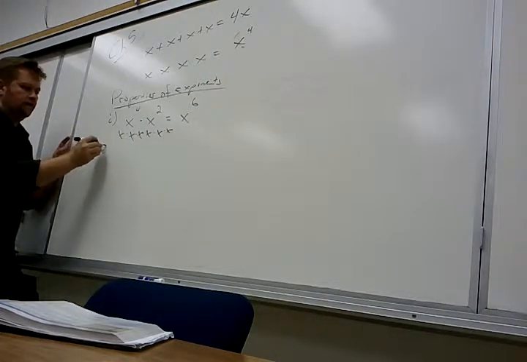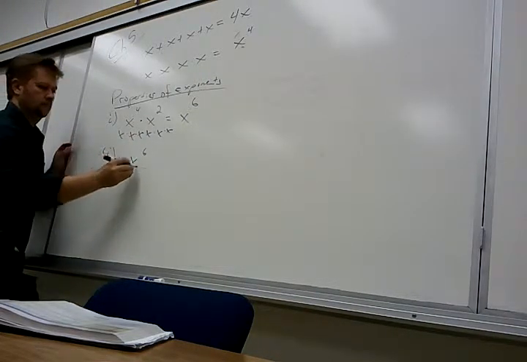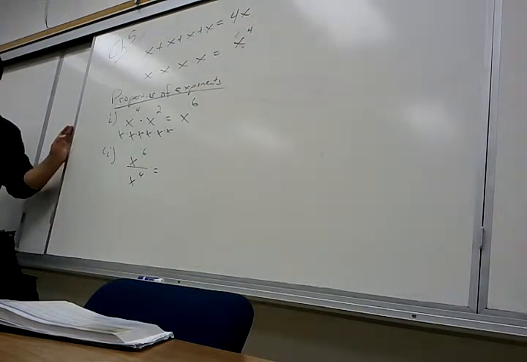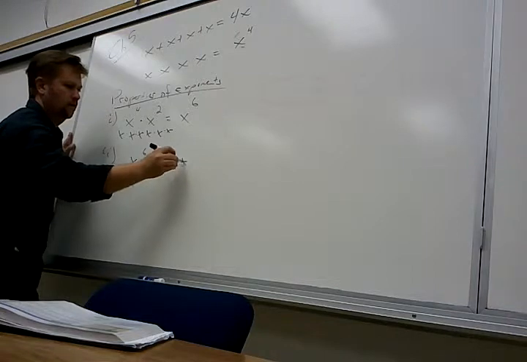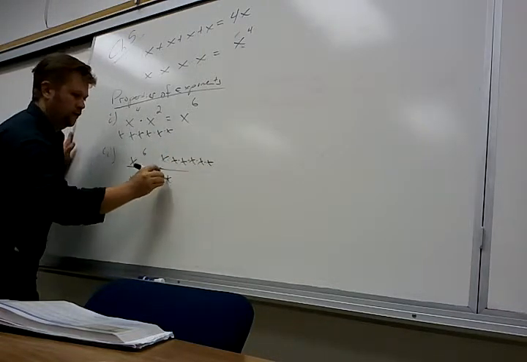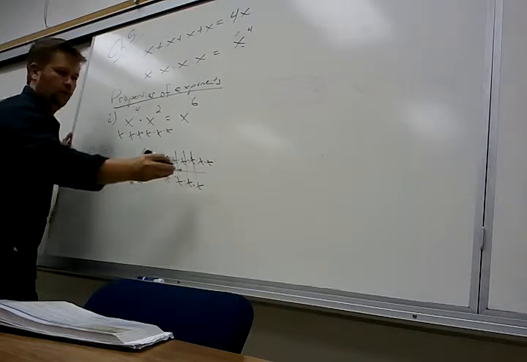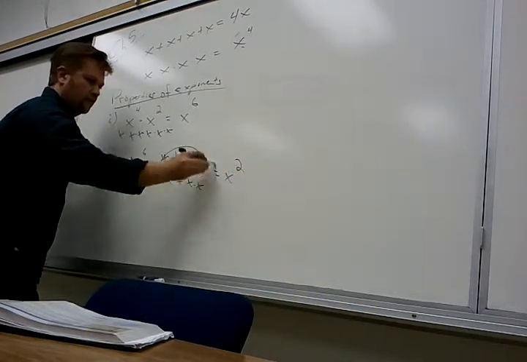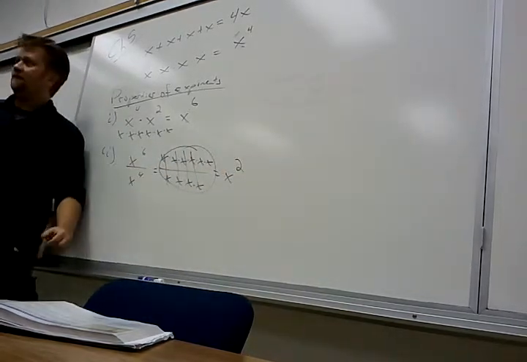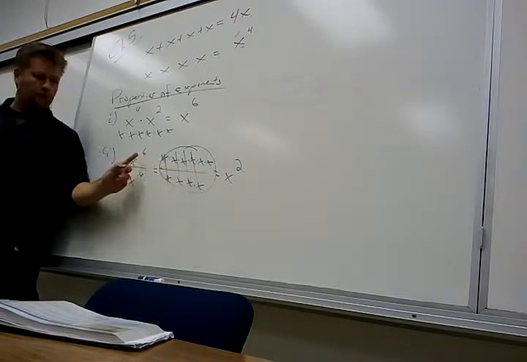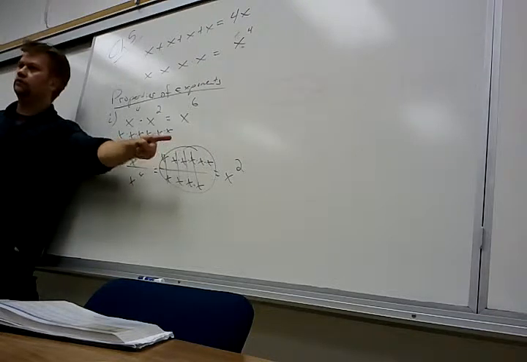So what happens when I divide? Yeah, because here you've got 6 of these up here, and 4 down here. So how many cancel? Looks like 4 cancel, leaving you with 2. Never do this, please, dear God. That's the whole reason we invented exponents, so we didn't have to do this, but this is the reasoning. 4 cancel, leaving you with 2.